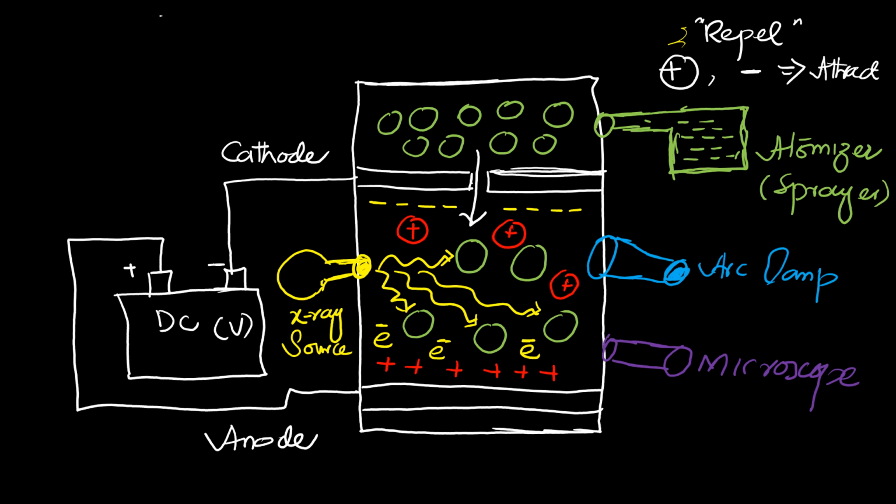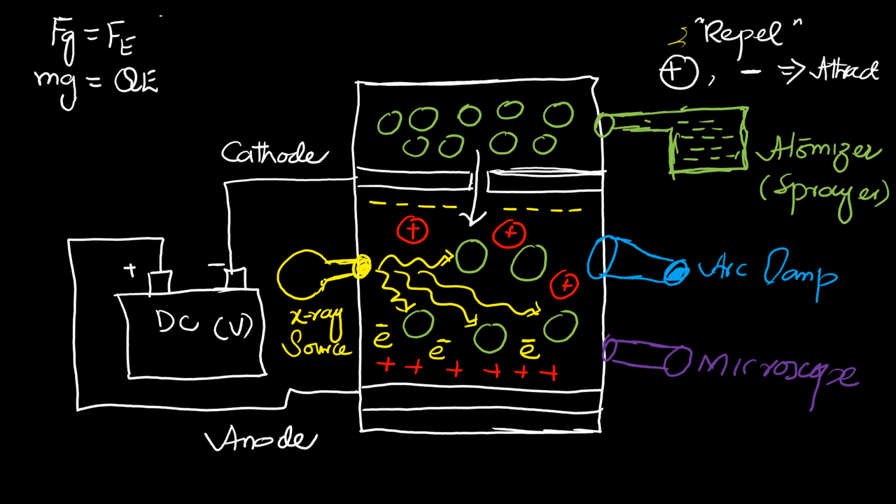What Millikan did was balance the gravitational force with the electrical force, F equals qE. As you know, the gravitational force is mass times gravitational acceleration, m into g, whereas the electric force is charge into electric field.